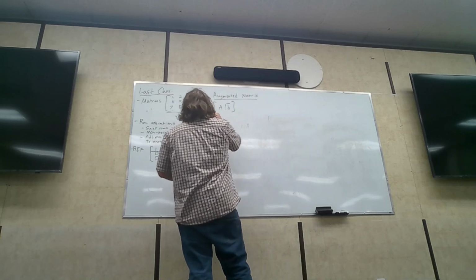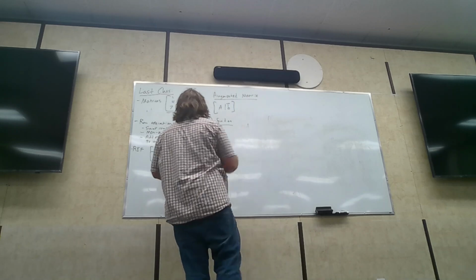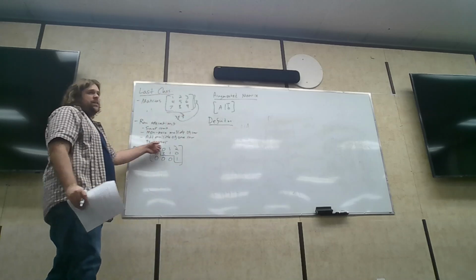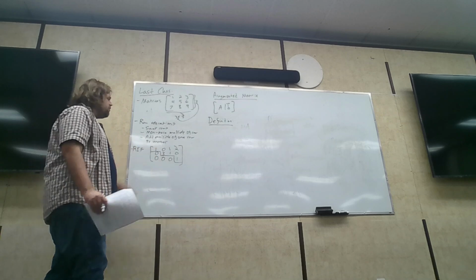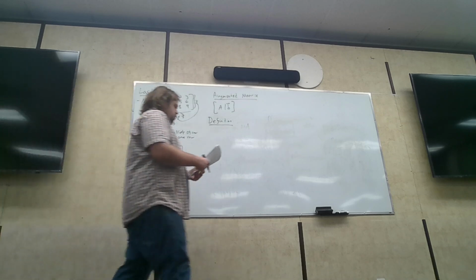So this is a definition. Here the shape is called reduced or row echelon form, but a matrix has a concept of being in row echelon form.